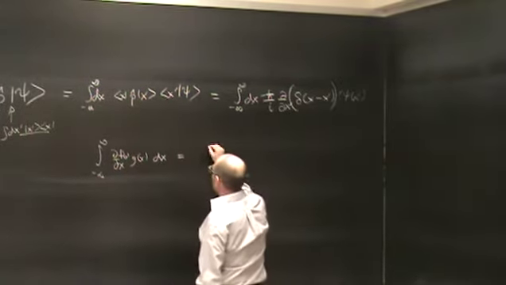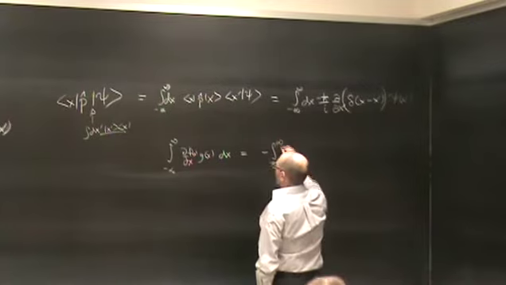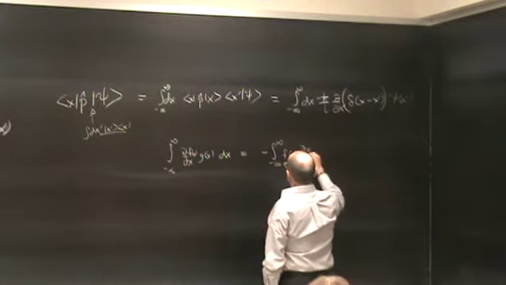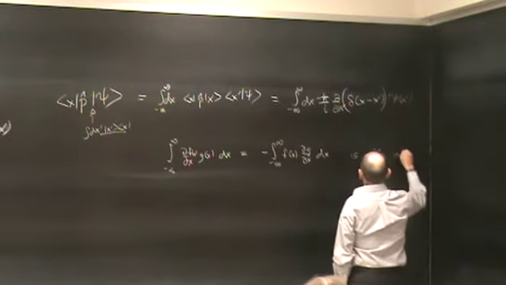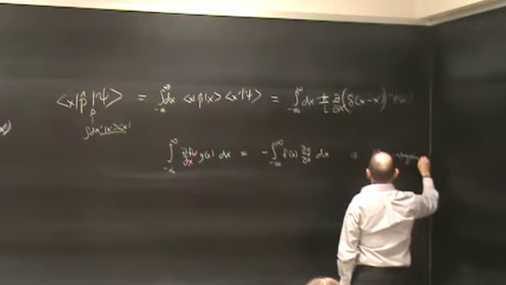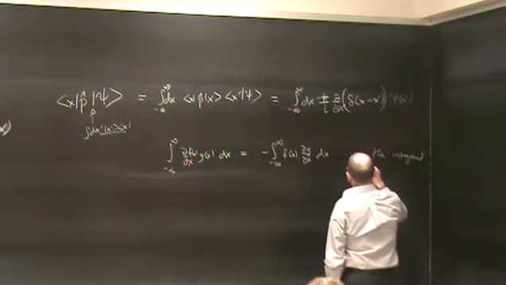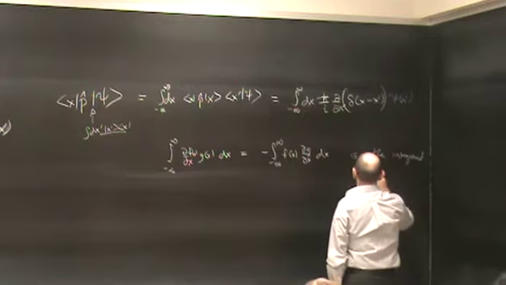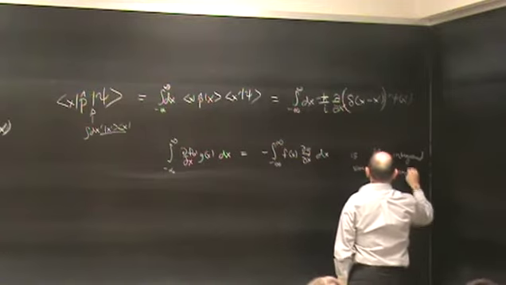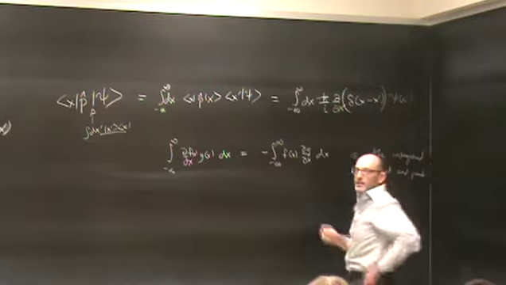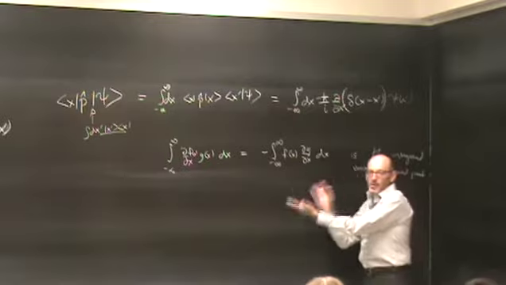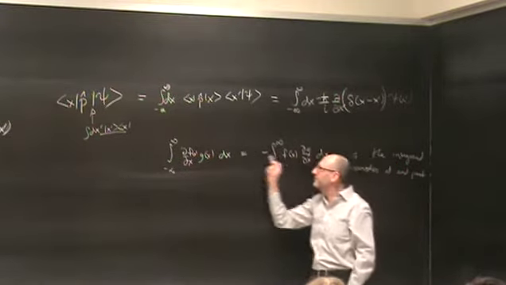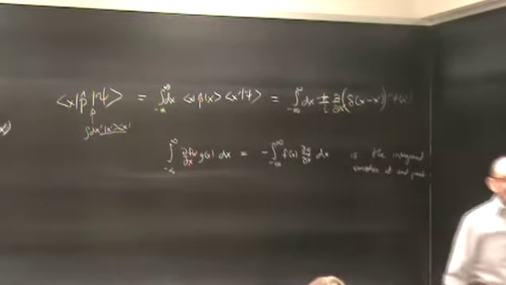This is equal to minus the derivative of f of x, the derivative on the other guy, if the integrand vanishes at the endpoints. Forget about your udv, vdu, whatever you learned in Calc 1. Forget it. This is integration by parts. Throw the derivative on the other side and put a minus sign.